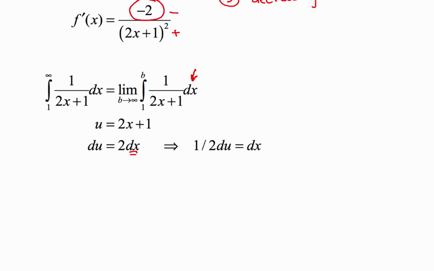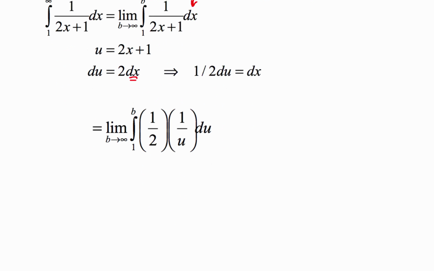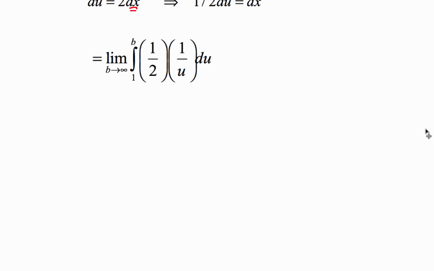So when we make this u substitution, we're going to end up with this limit right here. So let me just scoot this up a little bit so we can see that. Here's our function, now turned into this using our u substitution. Now you can take the 1/2, and we're going to back substitute.